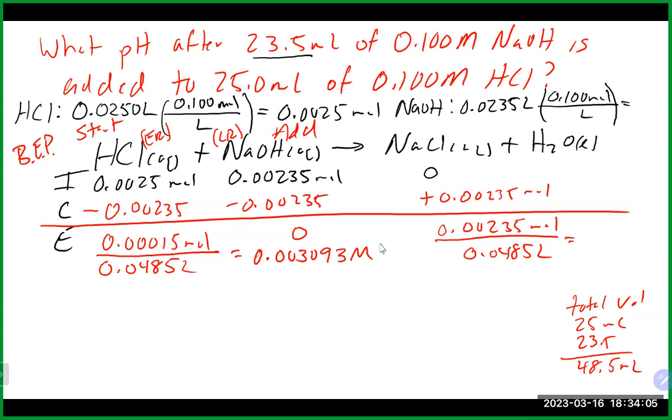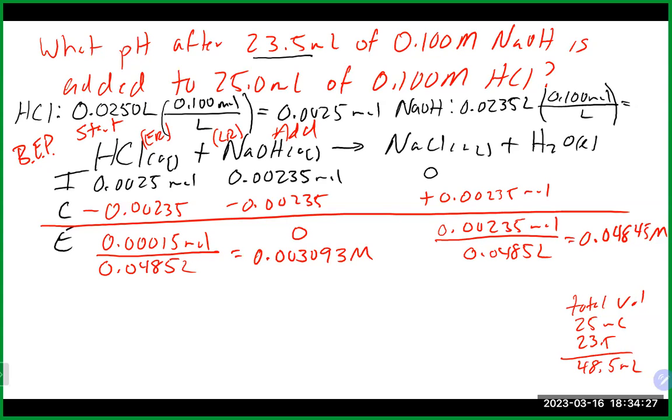For the other one there, 0.00235 divided by 0.0485 gets us 0.04845, looks like, molar. Any questions on how I got the total volume there?